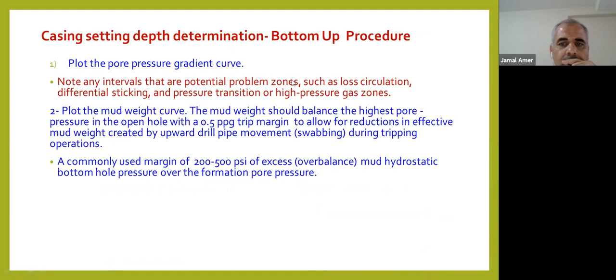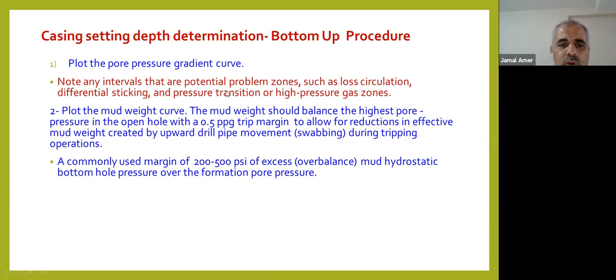So here, how will we select? We have two different procedures to select the depths: bottom up procedure and bottom down procedure. I will discuss here the bottom up procedure. The second procedure we will cover in our course with an example.